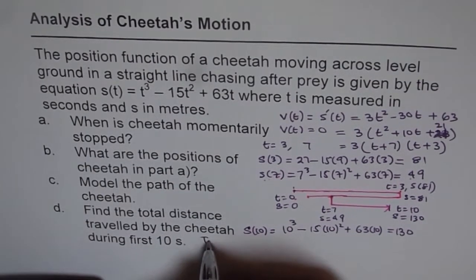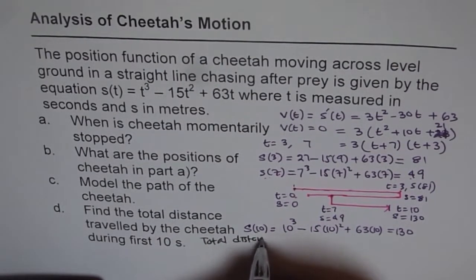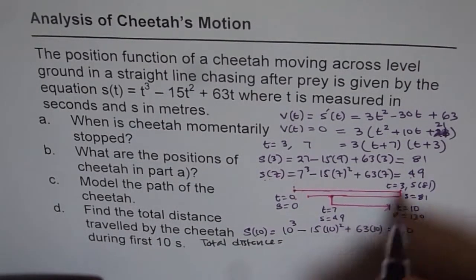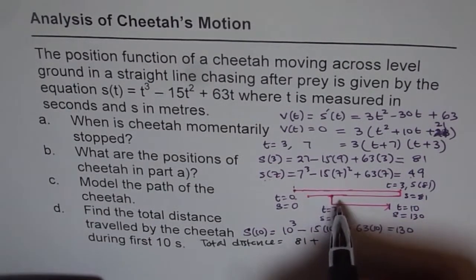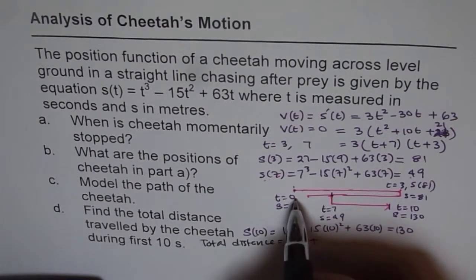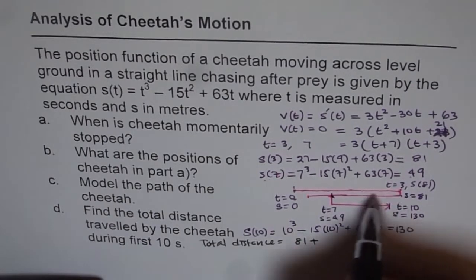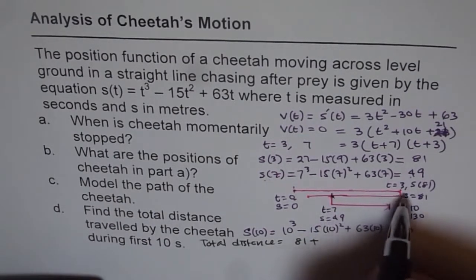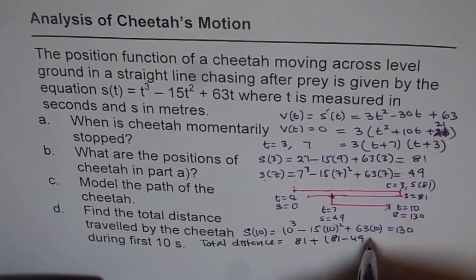The total distance will be 81 first, and then it comes back. When it comes back, the distance left is 49, so 49 is from 0 to here. So how much is this distance? This distance is actually 81 minus 49, right? So that is the distance it covered.